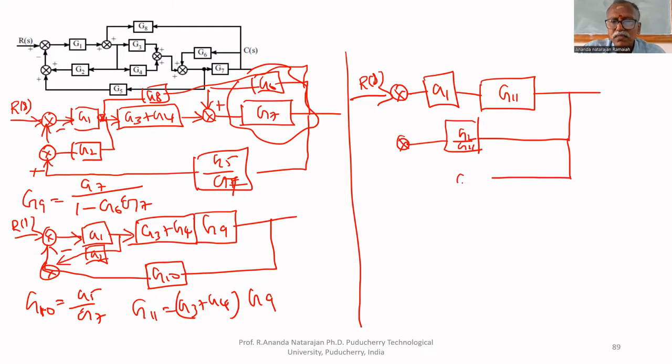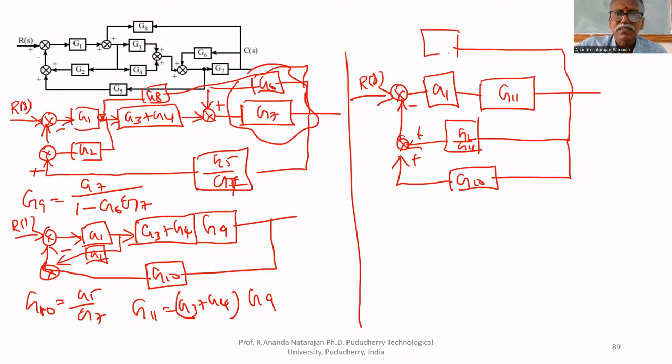Another one is G7. Both are added together and it is subtracted. Here one more feedback is there, that is G8. Between these two, one feedback is there, that is also positive.